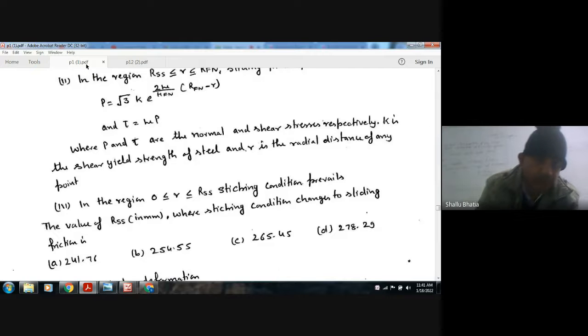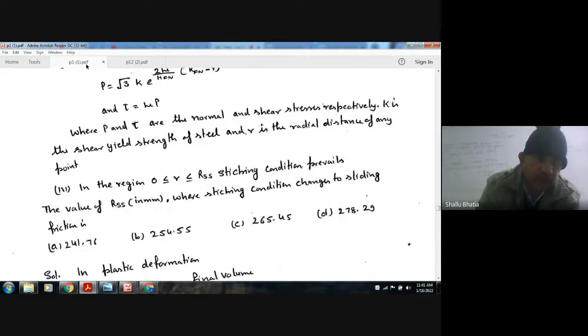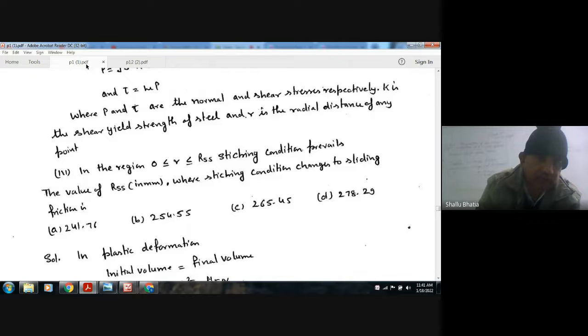The value of r_ss where the sticking condition changes to sliding friction is: option A 241.76, B 254.55, C 265.45 and D 278.2.